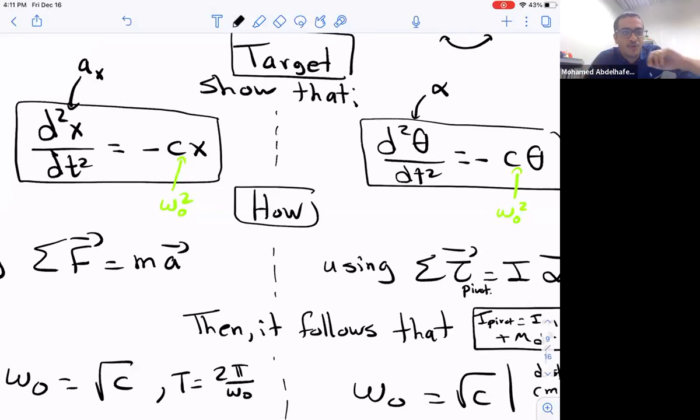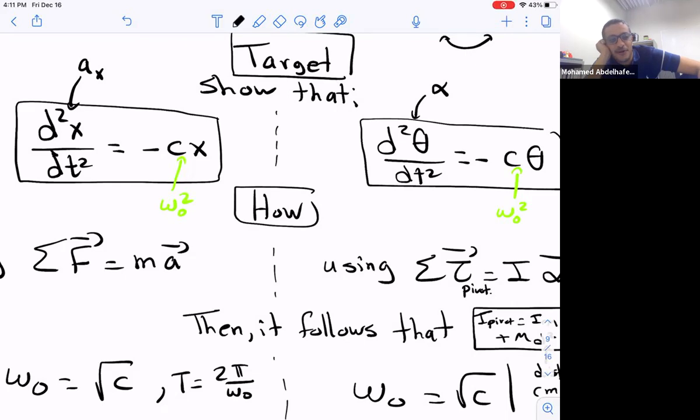The linear acceleration is minus Cx, and the angular acceleration is minus C theta. We're trying to show it's negative. So if you put a negative in yourself, you've negated the negative that you're trying to prove later. You're solving for the magnitude of A, so you make A positive, but it shouldn't be positive. You want it to become negative.